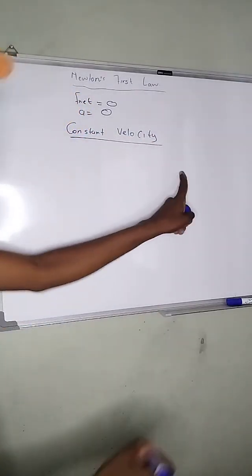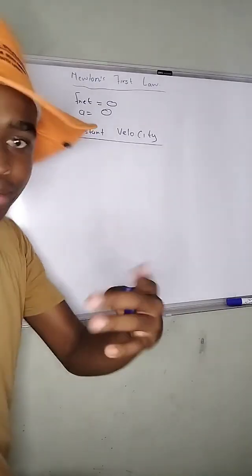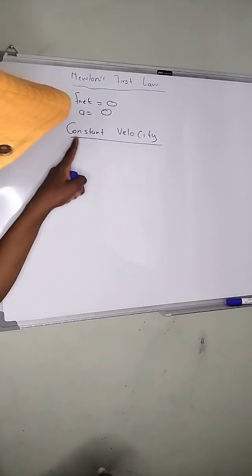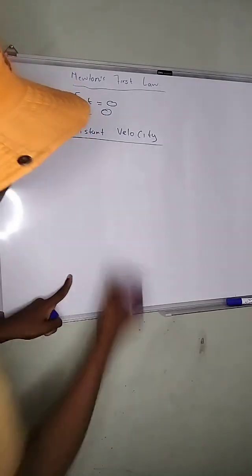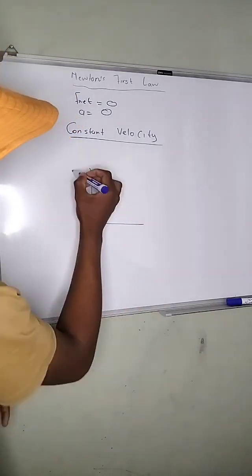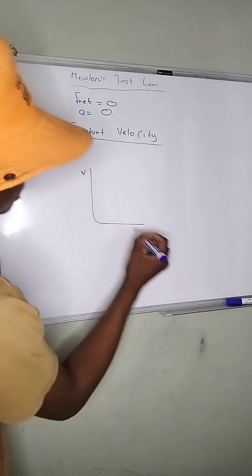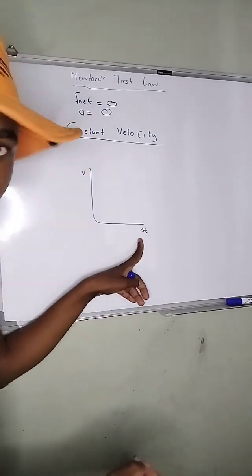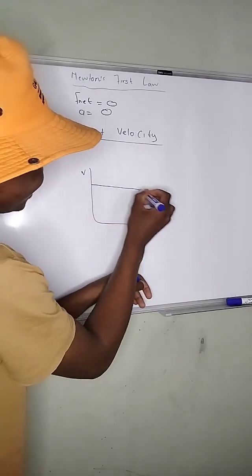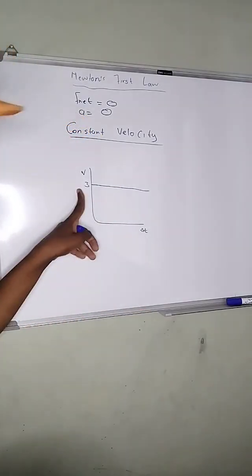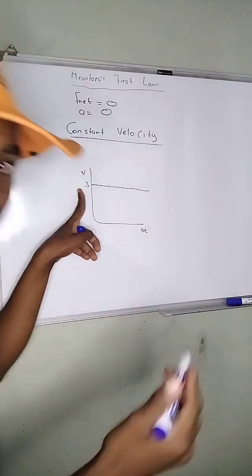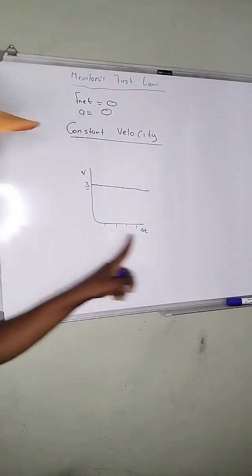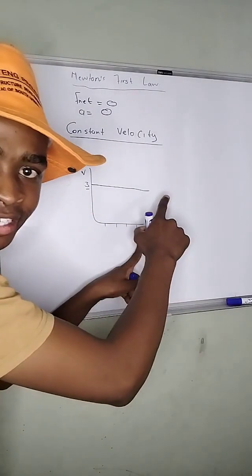Let's remind each other how we calculate acceleration. Say an object is traveling at constant velocity. It means as time goes by, the velocity doesn't change. Let's say our velocity is 3, and as time goes by, it doesn't change.